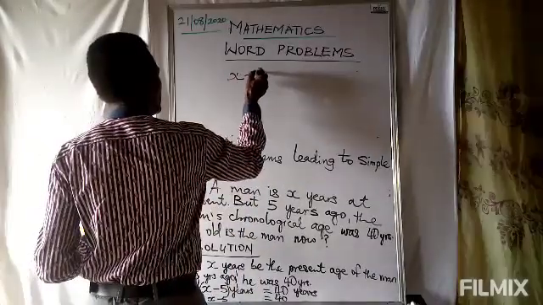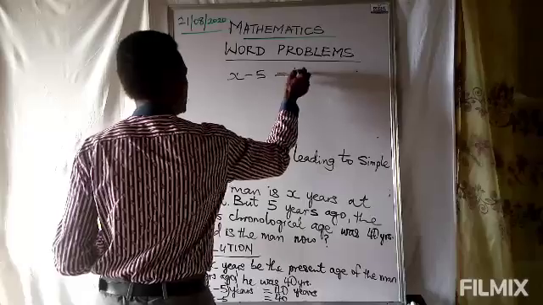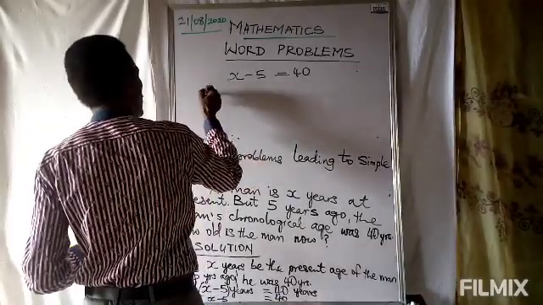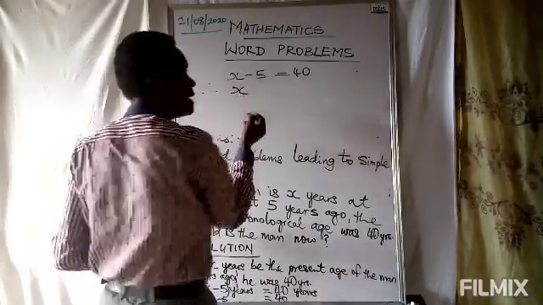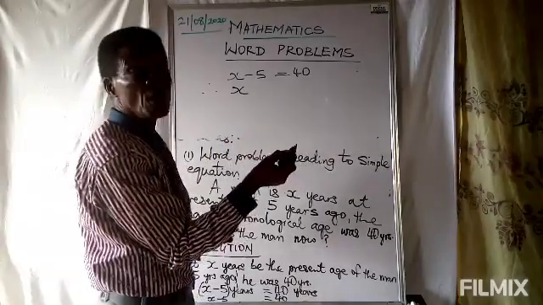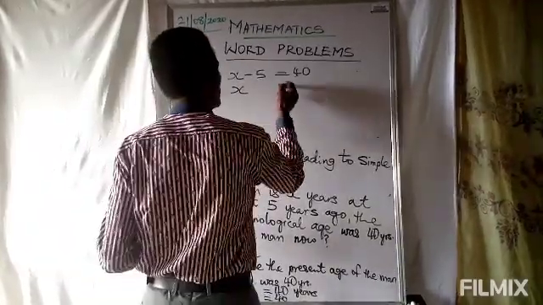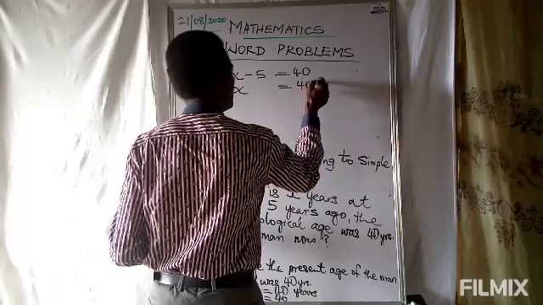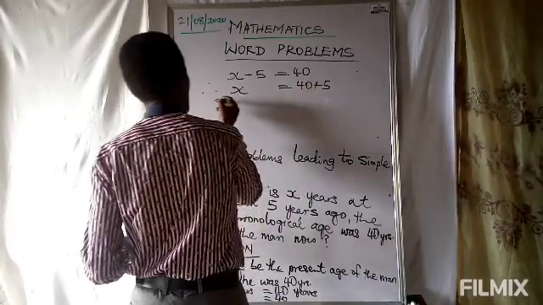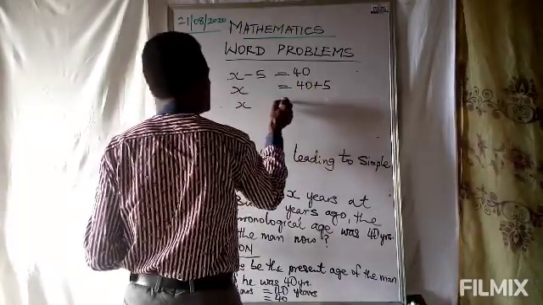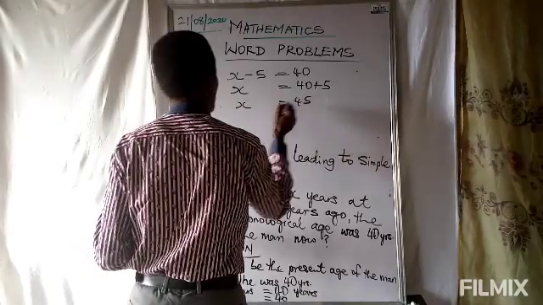S minus 5 is equal to 40. Therefore, making S the subject, S is equal to 40 plus 5. Therefore, S is equal to 45.